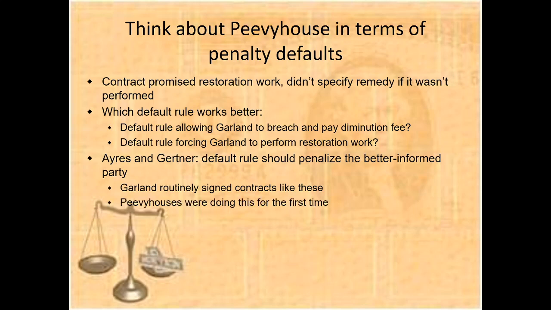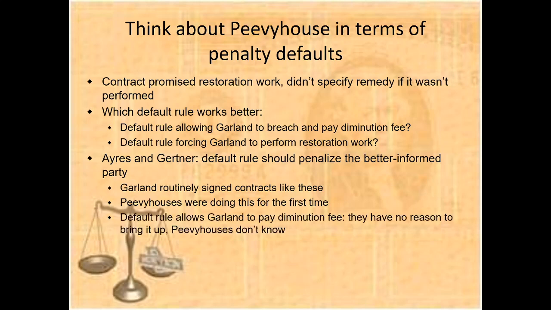PV House was doing this for the first time. Garland routinely does it because they are miners and do mining, so for them it is not a new thing and they are experienced. But PV House is not. They had given their land because they thought it would be restored.